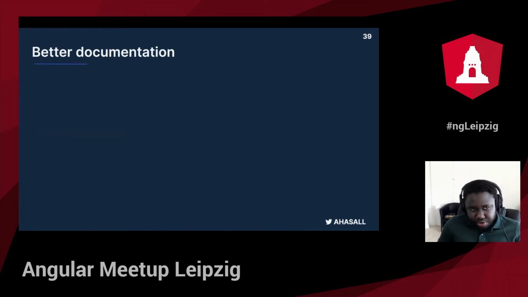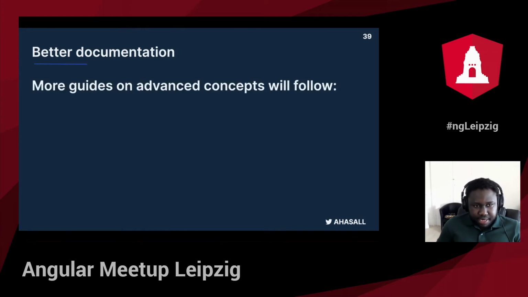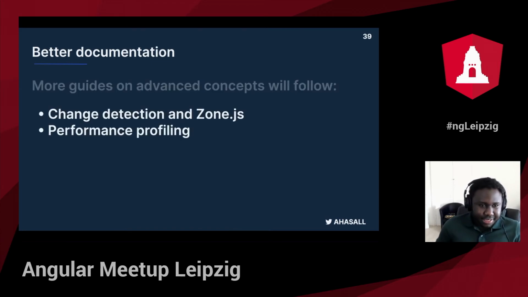And in the Angular roadmap also, they plan to add more guides on advanced concepts, like very hard Angular topics: change detection and Zone.js. And also they will try to teach us how to debug performance issues in Angular.